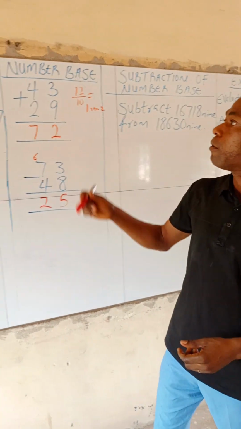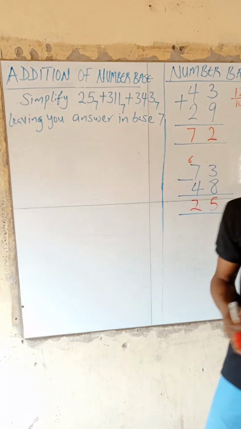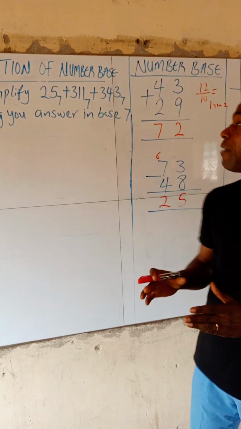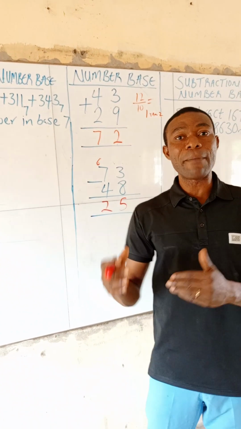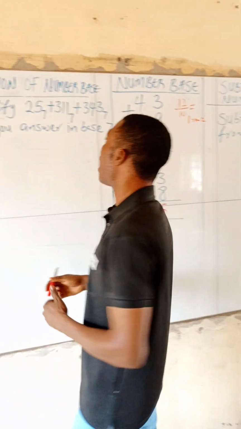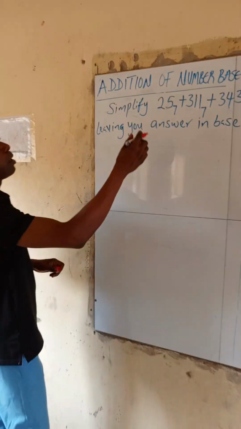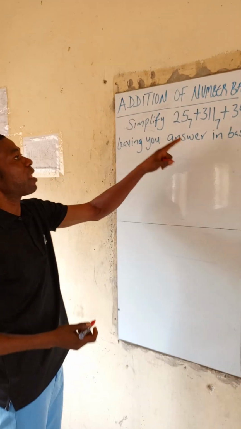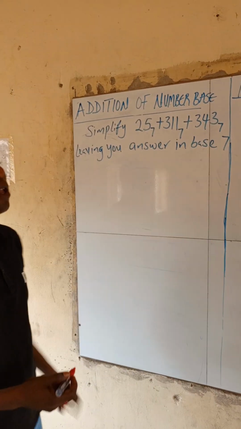So that will now help us to move to addition of number base. From what we have learned so far, whenever a number is up to the base, you don't write it, you divide by the base. So let's carry out the addition in base 7 now. In addition in base 7, we have 25 base 7 plus 311 base 7 plus 343 base 7.